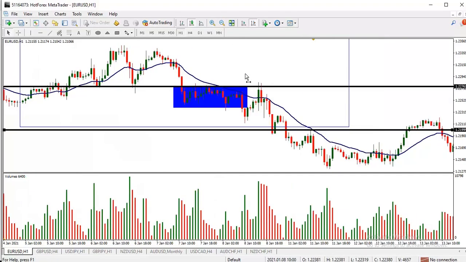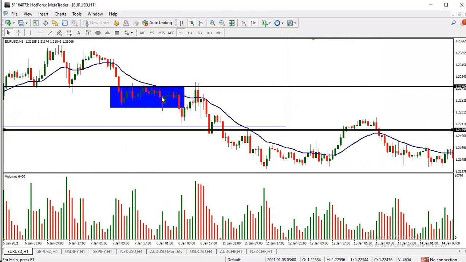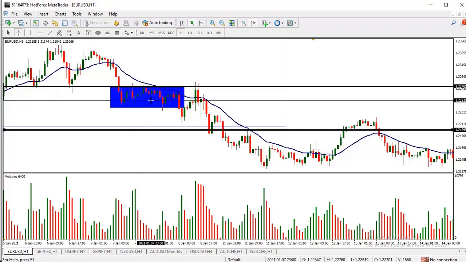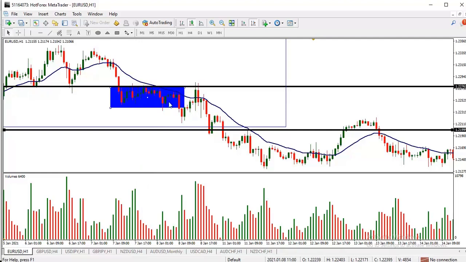Now, if you say this is your accumulation, our break of market structure occurs here. This is this particular place. That was where it ended. Now, our accumulation started from here. They accumulated price down to this place.